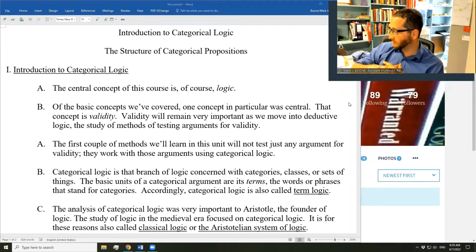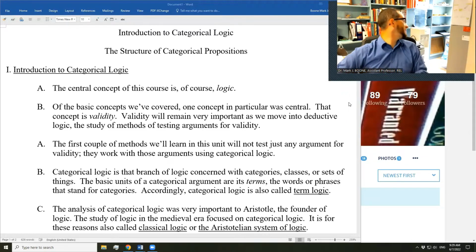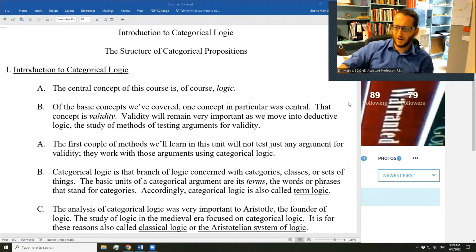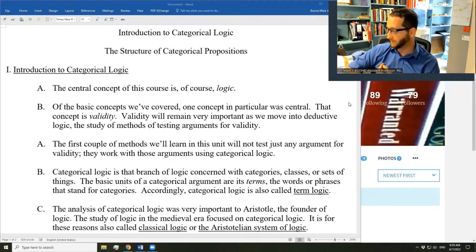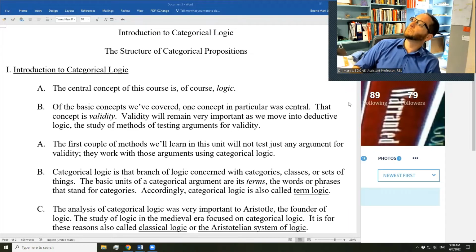Argument: If it is raining, then the ground is wet.